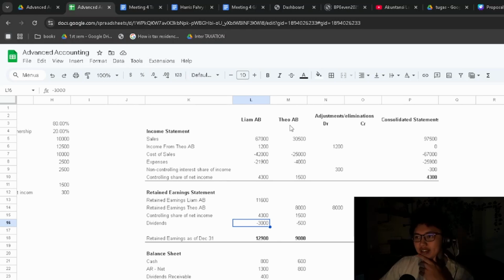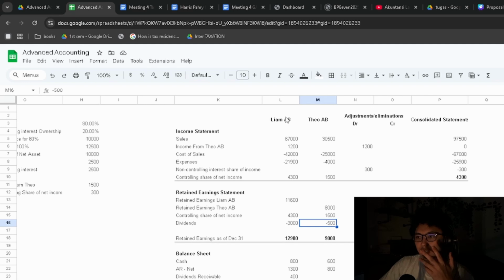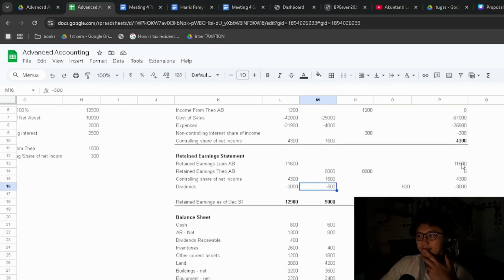And so in the case of Theo, since they're also paying 500 to Liam, that means that we don't need to record this as dividends because it already goes to Liam, right? So that we don't need that. That's why I cancel it here. As for Liam, we still have to count dividends because they're actually paying to Liam's shareholders, and not Theo, right? And that should sum up to this.